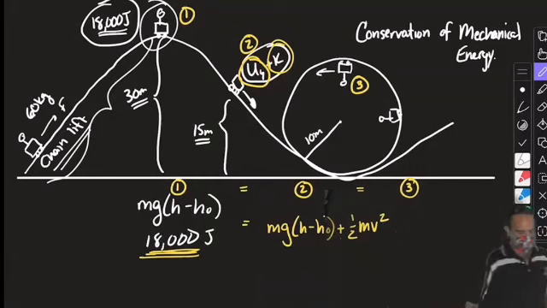Yeah. For the height, are we just using the radius times 2, because he's at the top of the loop? So 20. Yeah. All right, that would make sense.